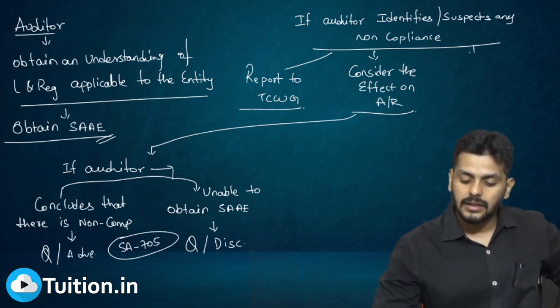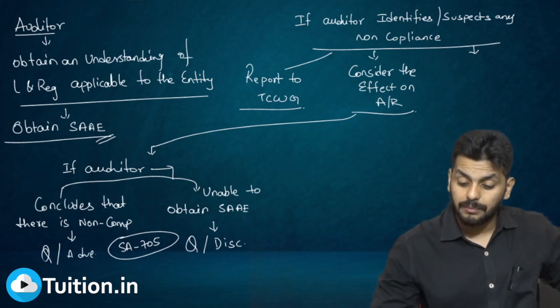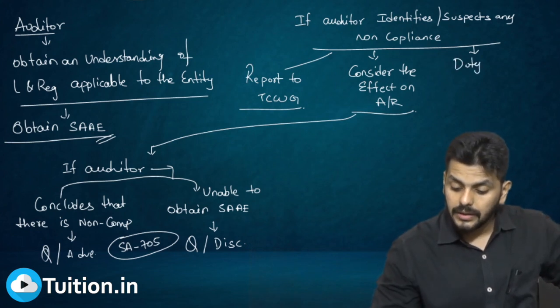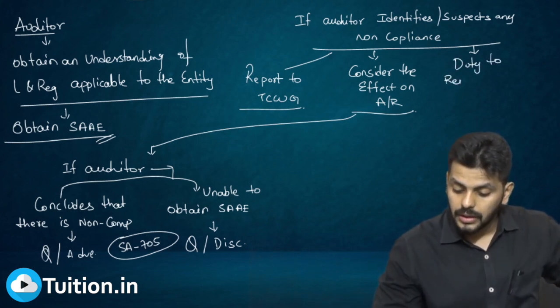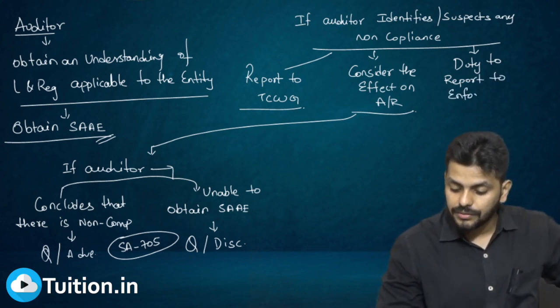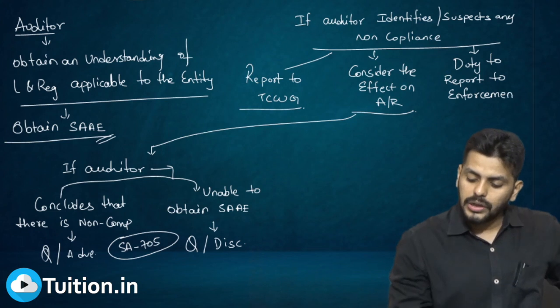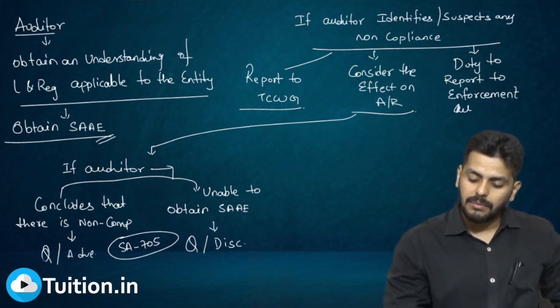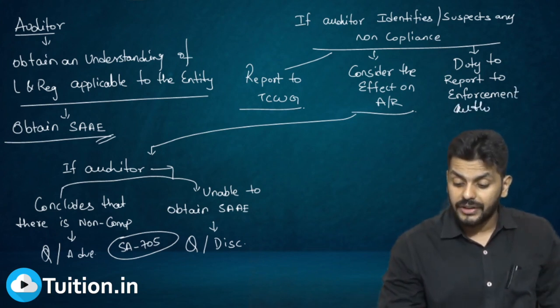And lastly, if you have identified non-compliance, there is a duty to report to enforcement authorities. If you are going and telling on your own, sometimes it may breach the rule of confidentiality.